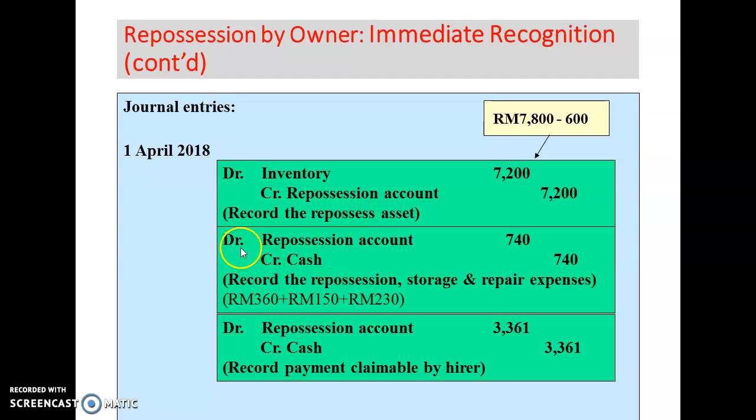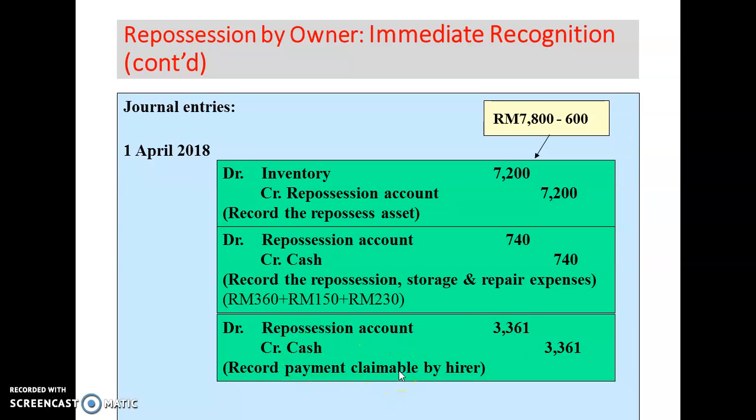Then we're going to record the repossession, storage and repair costs. Altogether here is 740. So credit cash 740 and debit repossession account of 740. And then the last one in the repossession account that needs to be recorded is the amount to be paid.